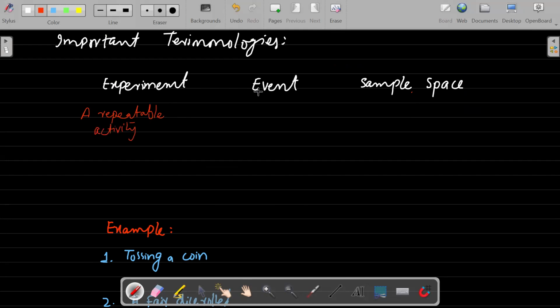In the same way, what is meant by event? An event is basically all possible outcomes. And sample space is all favorable outcomes.